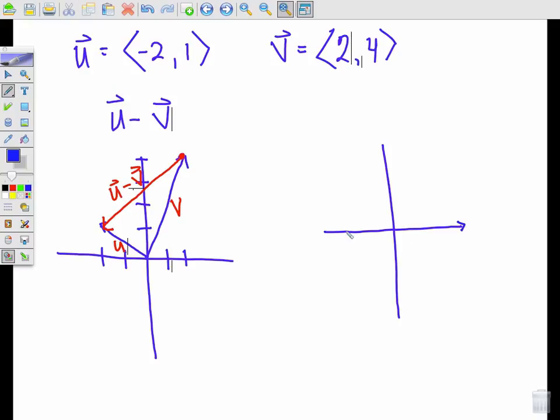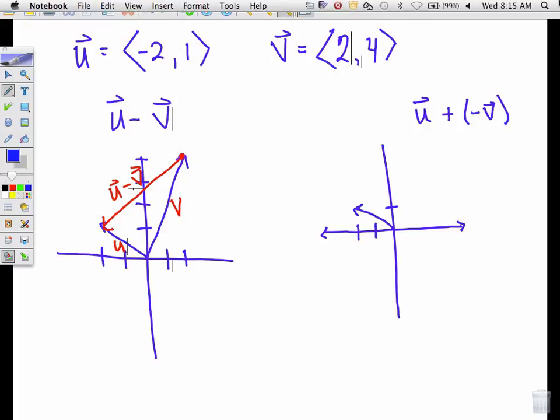Okay, second way to do it is this. You start with vector u. So you do u, but instead of subtracting, we treat it as u plus a negative v.